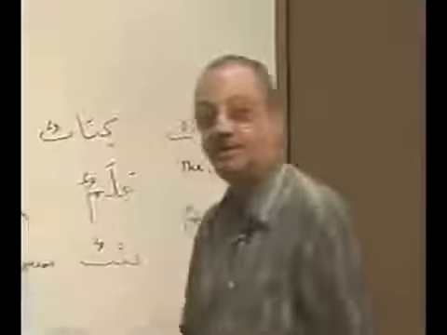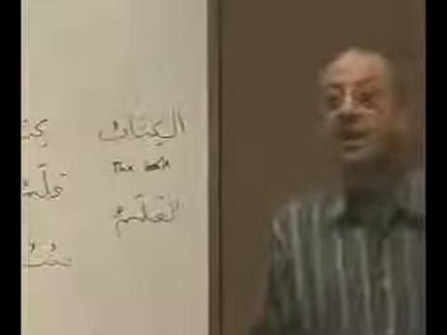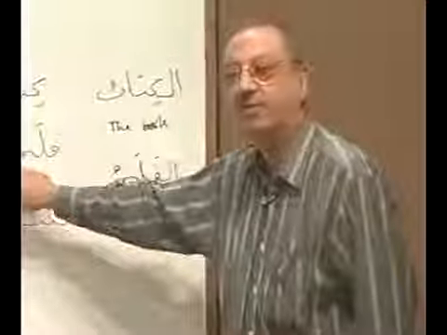If I write al-kalamun, that is wrong, because tanween and al cannot coexist. One has to come and the other has to go. So, if you say al, then only one dhamma.